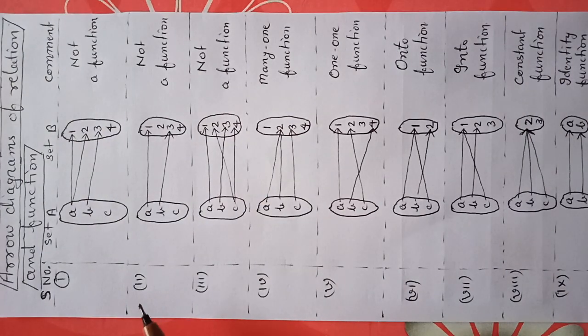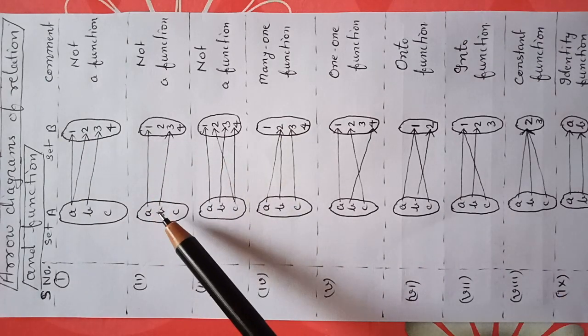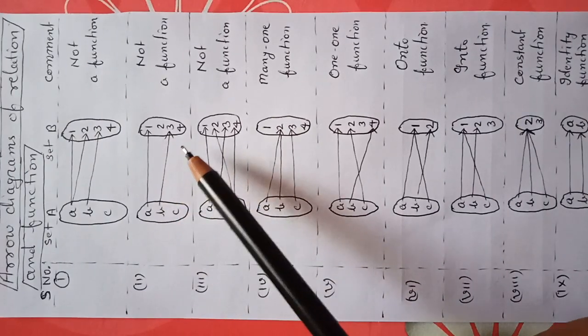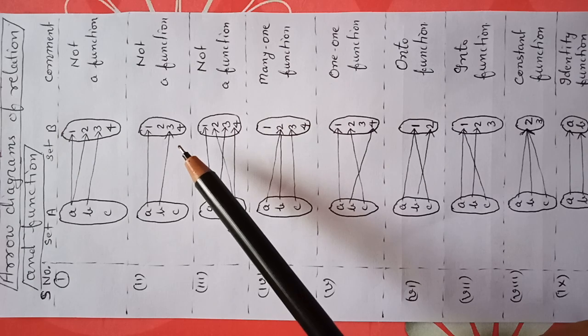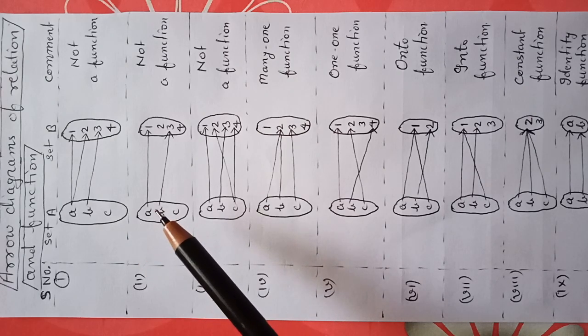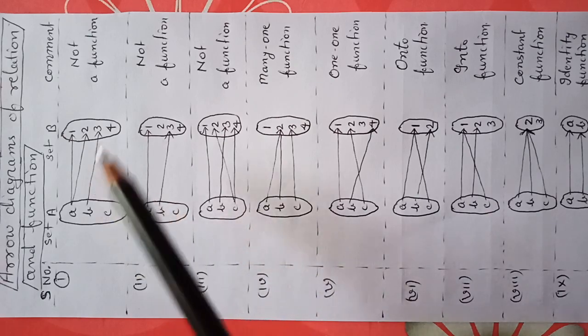Similarly, if we look at the example 2, A is associated with 1, B is associated with 3, but again C is not associated with any member of B. Therefore, first condition is violated. Though second condition is not violated in this case. Only first condition is violated. Therefore, this is an example of a relation which is not a function.